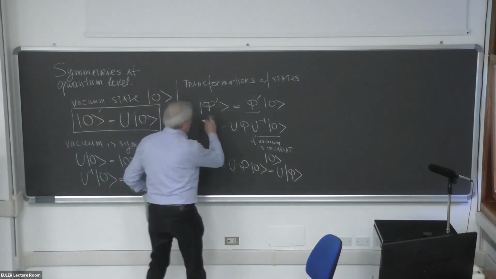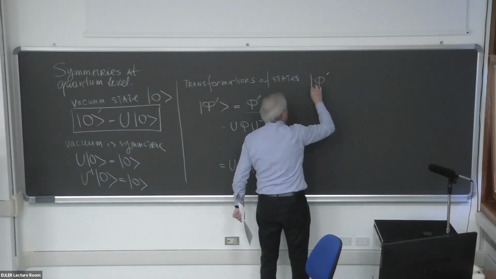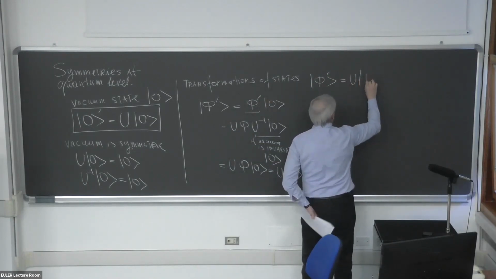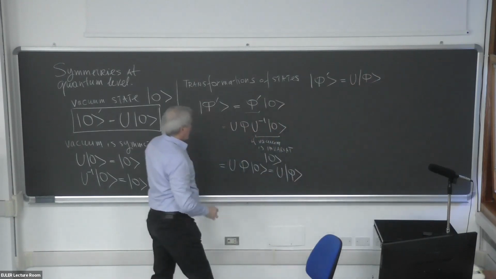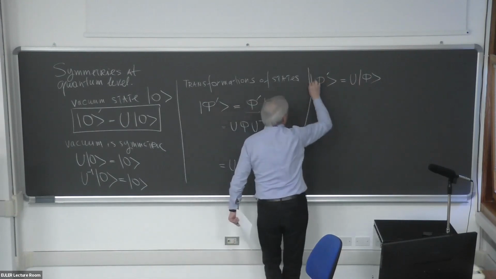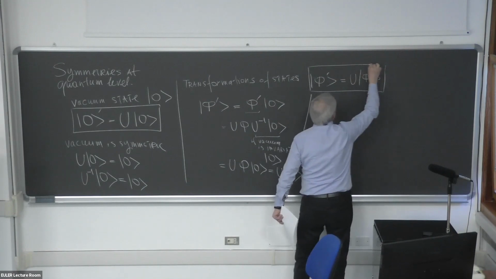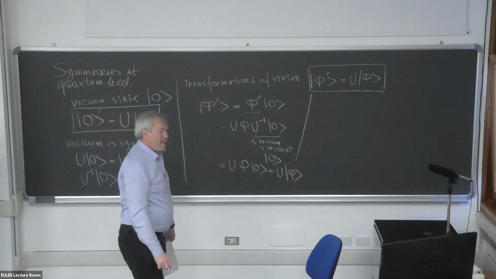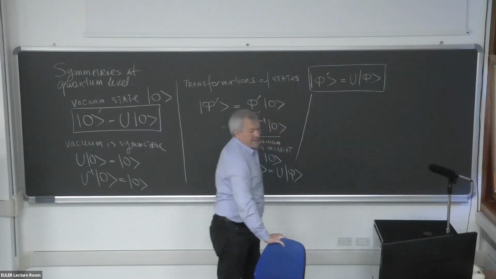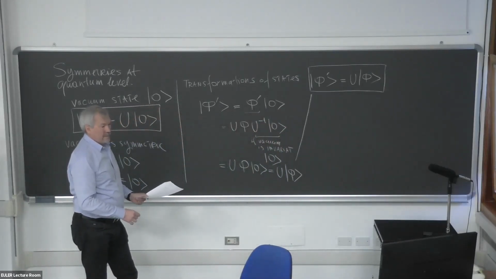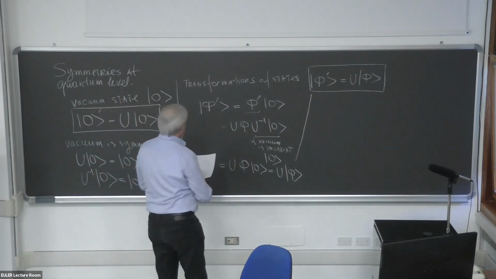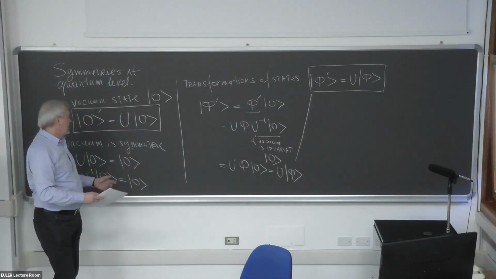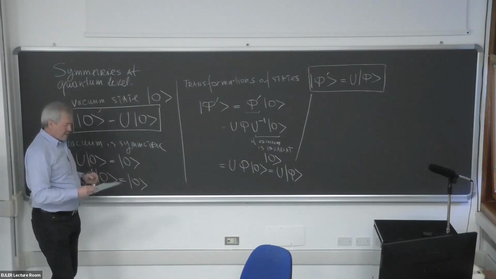Which means that the transformation of the states is the same as the transformation of the vacuum state, U. So from here we get the transformation of an arbitrary state. Question? So you see, it's very consistent with the transformations of vacuum state we introduced. It's just multiplication by the operator of transformation.